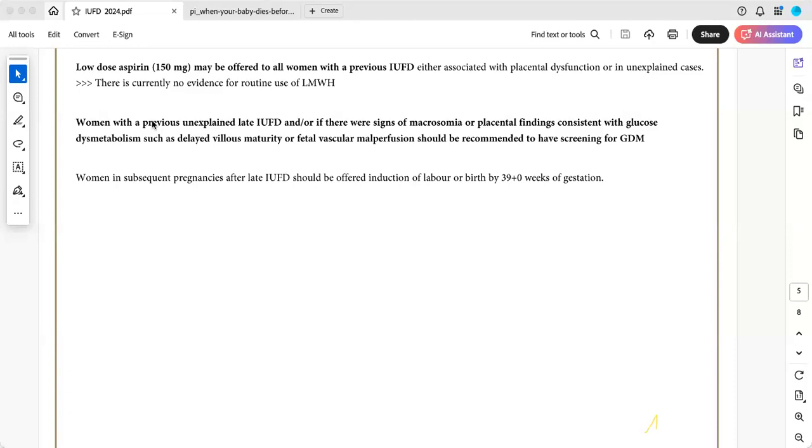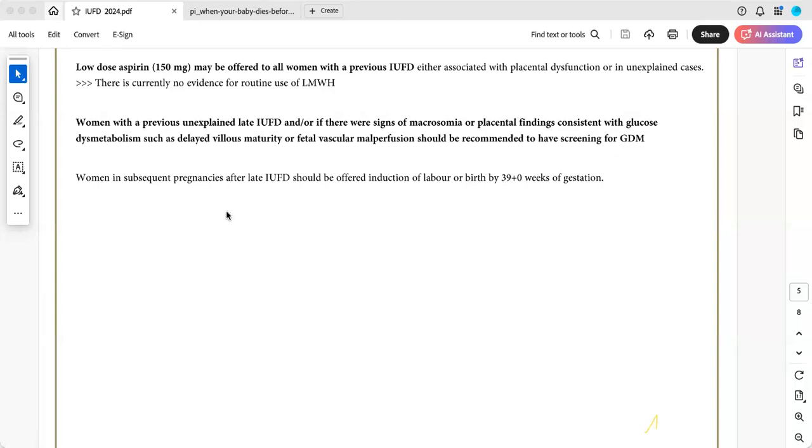So here, my friends, GDM screening is for that group with unexplained IUFD, macrosomia, or placental problems suggestive of glucose dysmetabolism.